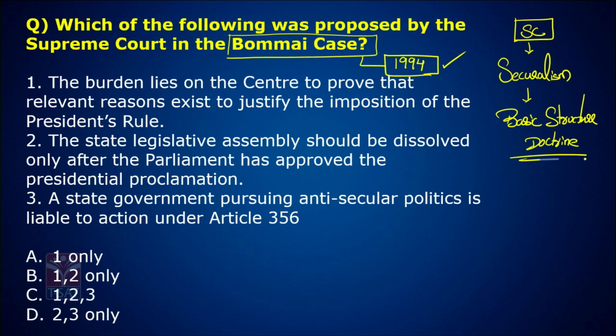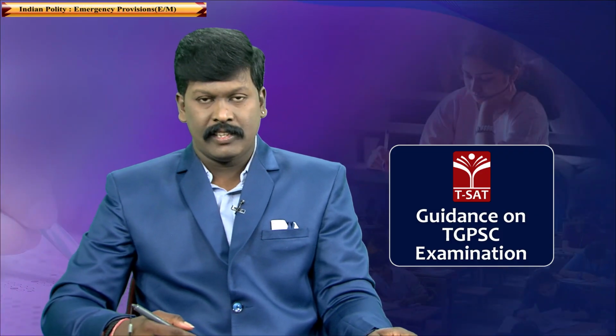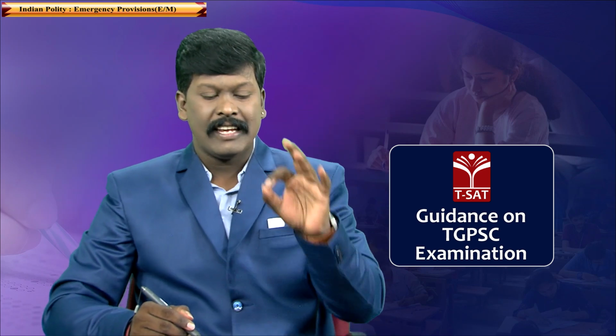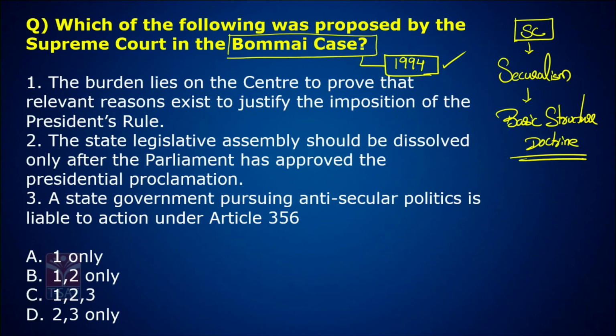You may be asked, in which case did the Supreme Court insert secularism as part of the basic structure of the Constitution? Answer is TSAT case of 1994. Now look at the options. 1. The burden lies on the Center to prove that relevant reasons exist to justify the imposition of the President's rule.